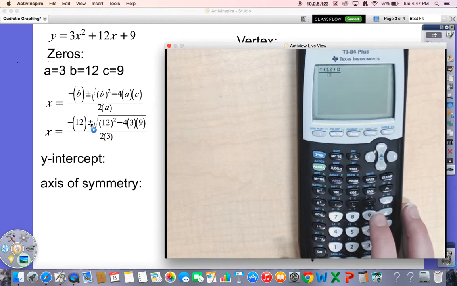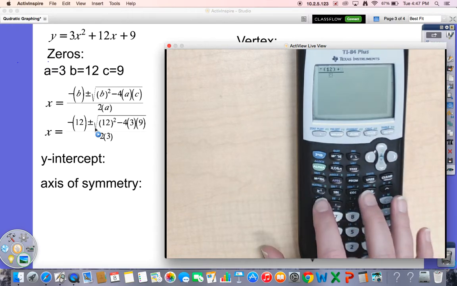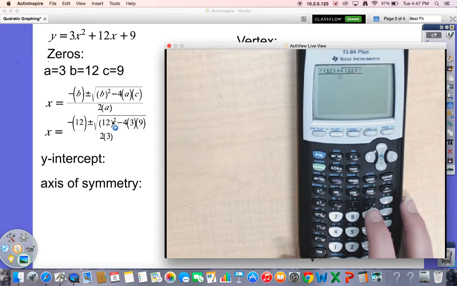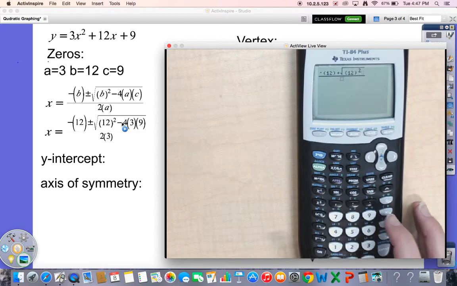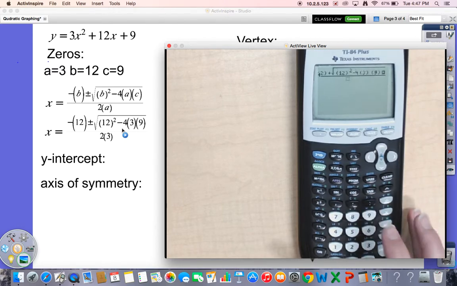The first time I put this in, I want a plus sign. To get the square root, remember that we need to hit the blue second key first, and then we will be able to get the square root. Parentheses, 12. Then we're going to square that. Minus 4, parentheses 3, parentheses 9.